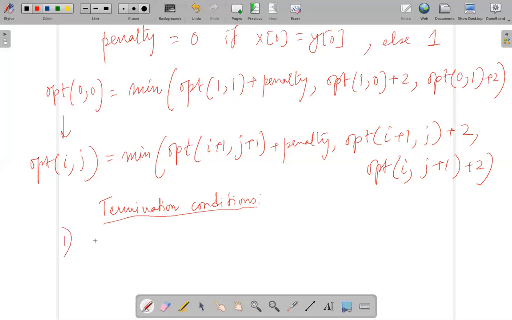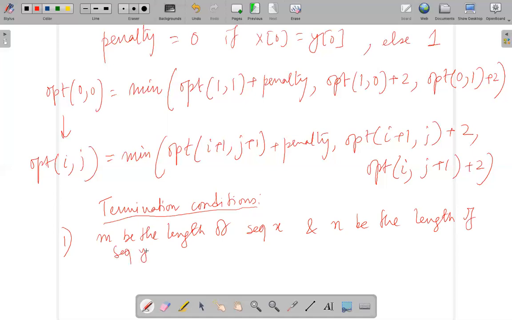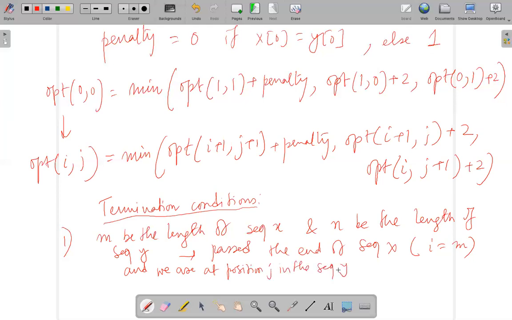First one, let M be the length of sequence X and n be the length of sequence Y. Now, let's say if we have passed the end of sequence X, that is, my i has become equal to M, and we are at position j in the sequence Y, where j is strictly less than n, then what we have to do?